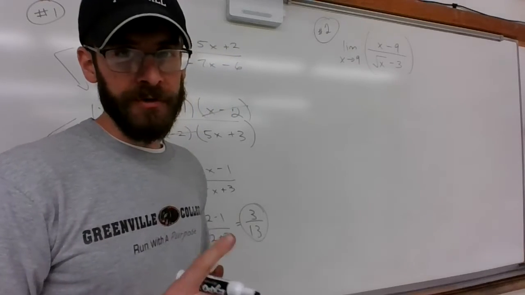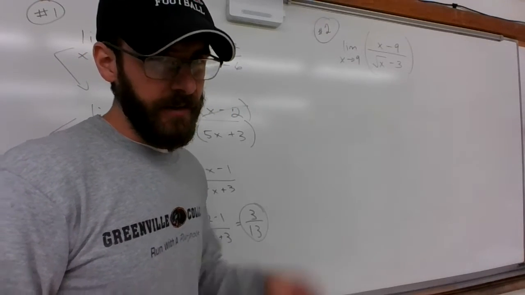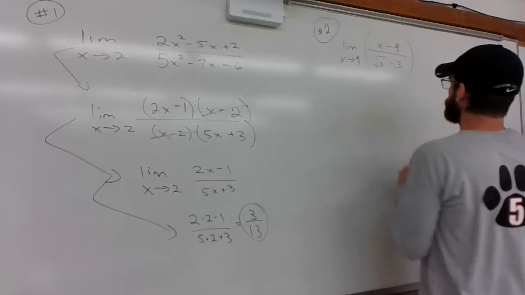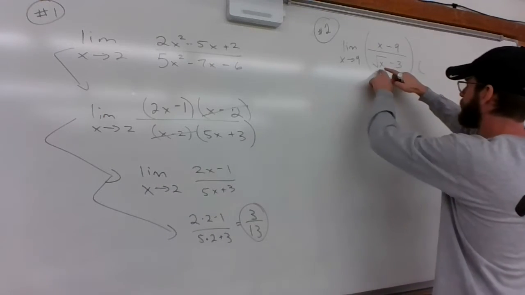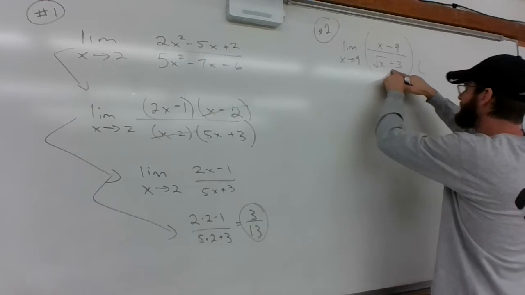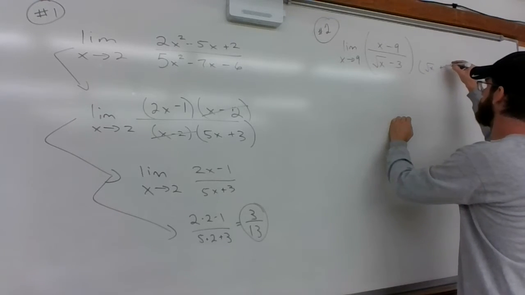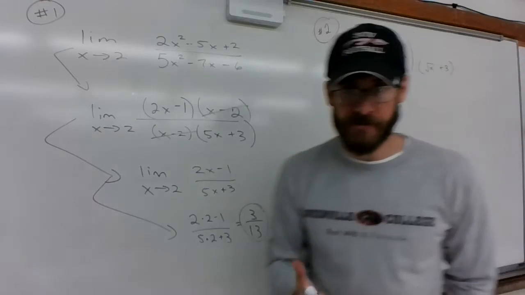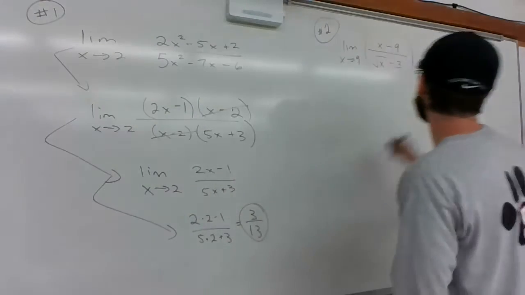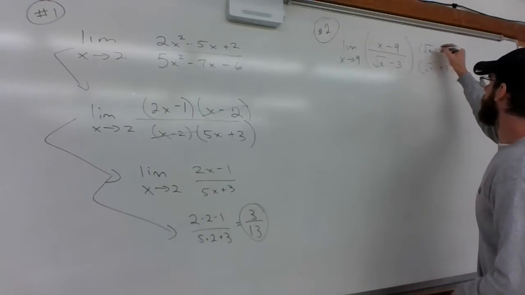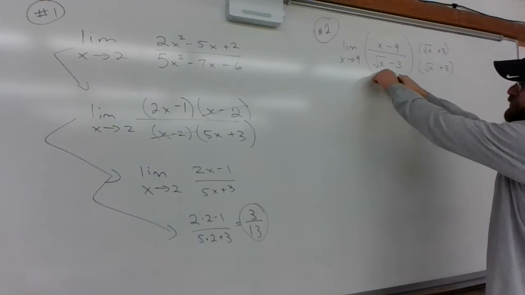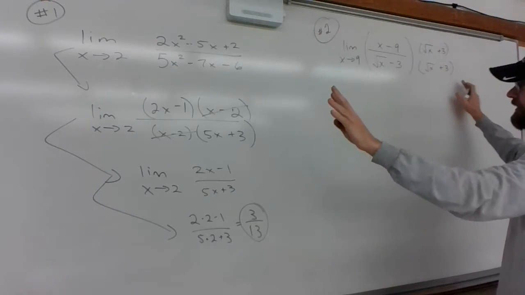If you recall, though, there's this thing called the conjugate. The idea is, if I multiply by the opposite of root x minus 3, root x plus 3, I can simplify the structure very, very quickly.